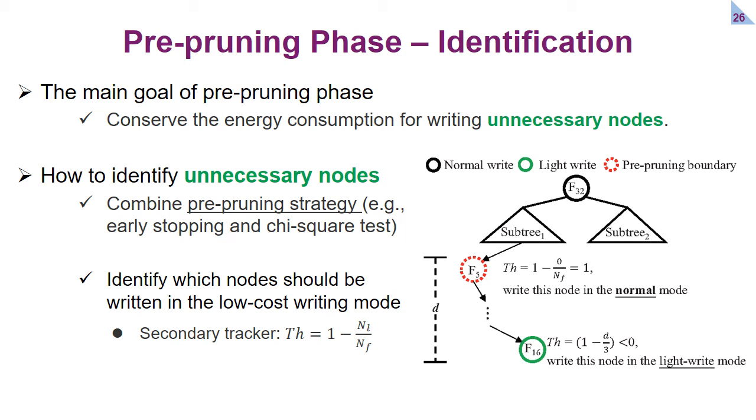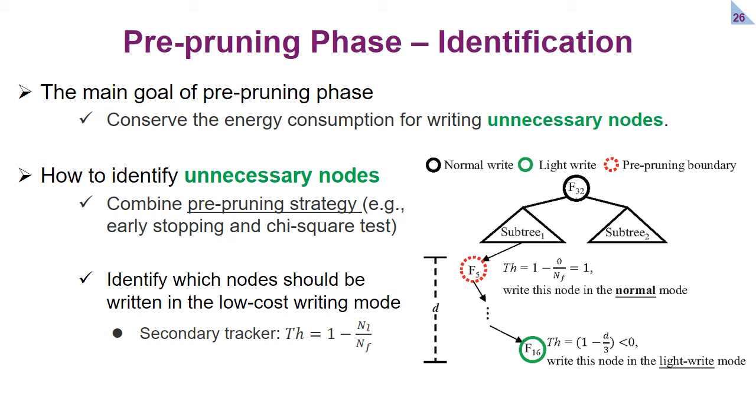The main goal of the pre-pruning phase is to conserve the energy consumption for writing the unnecessary nodes. But how to identify the unnecessary nodes? We include two parts. The first part is to combine the pre-pruning strategy, such as the chi-square test and early stopping.